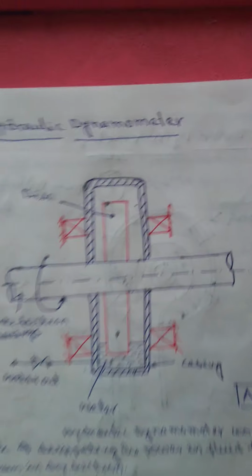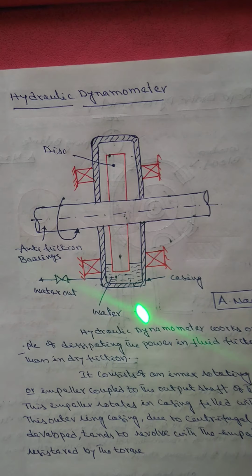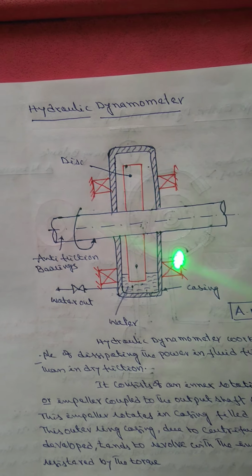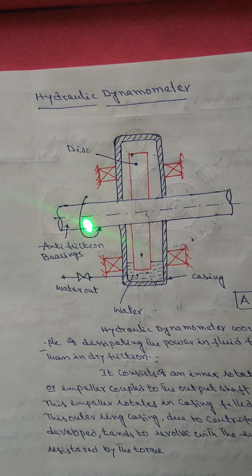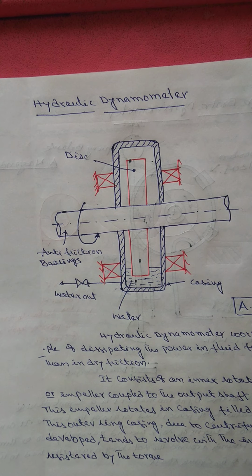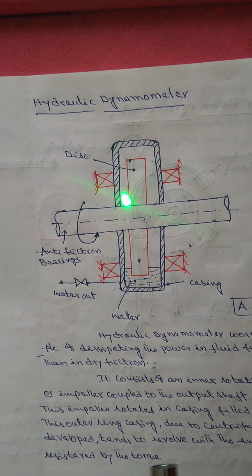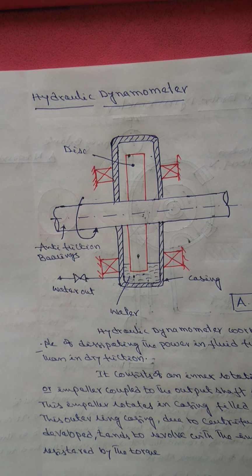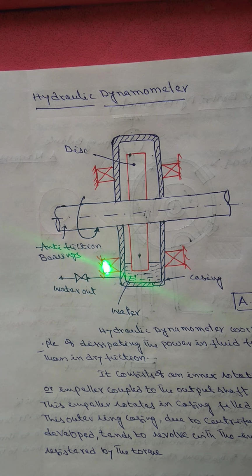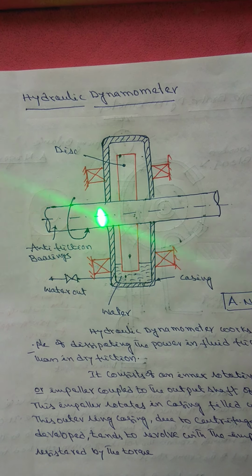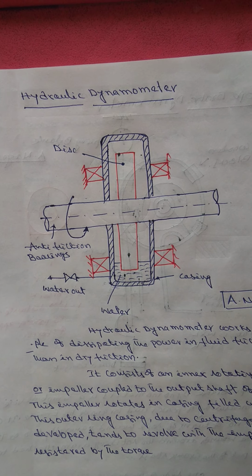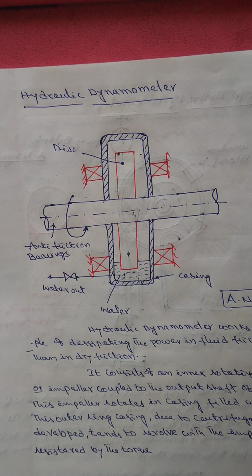Another setup is the hydraulic dynamometer. In this setup, the engine crankshaft is connected. Two discs will be there, the entire casing is arranged over there, and in this casing we put bearings, two or four bearings, and then a water inlet and a water outlet will be there.